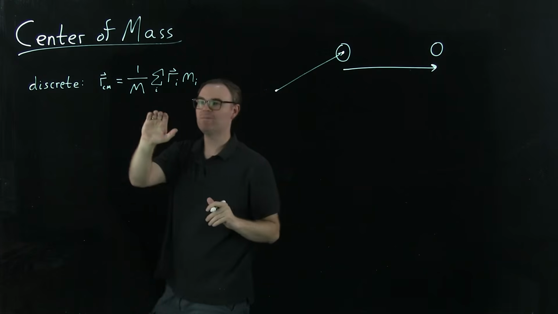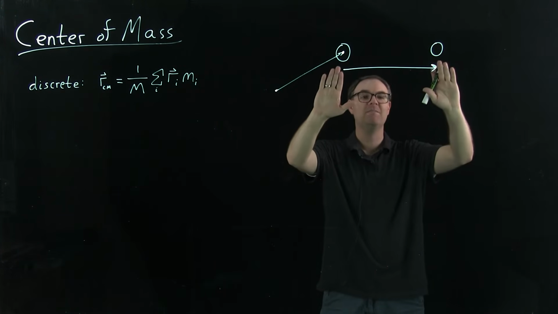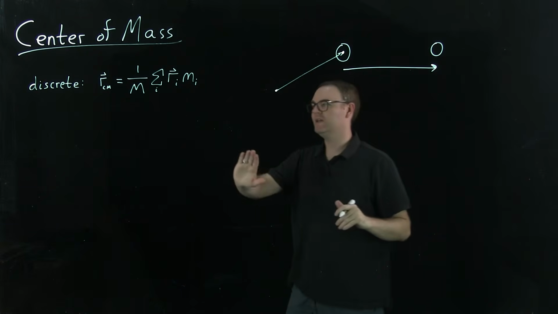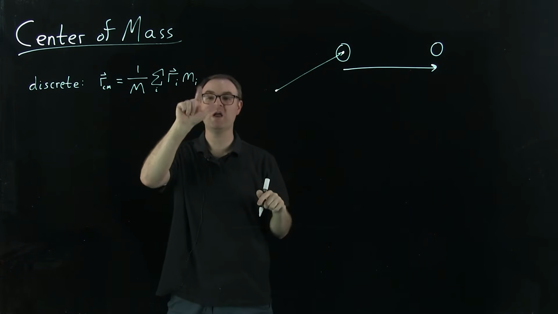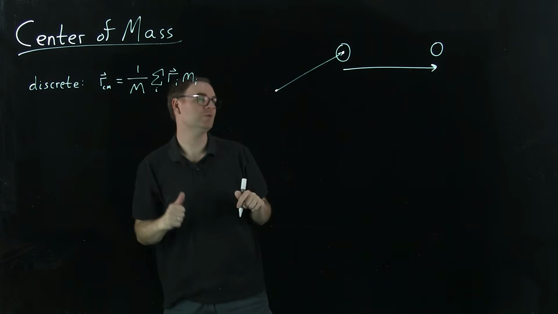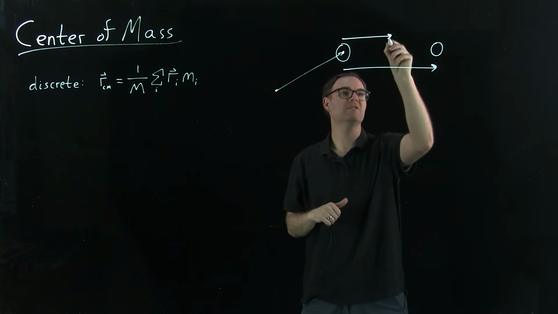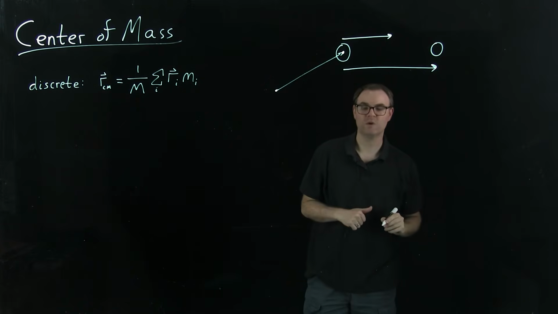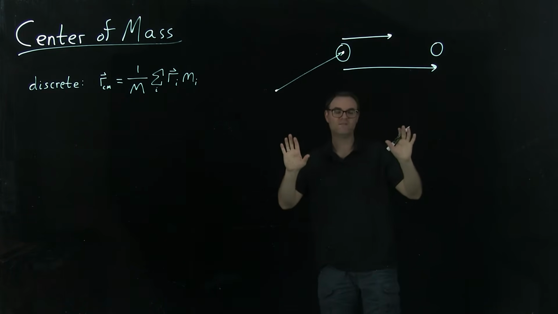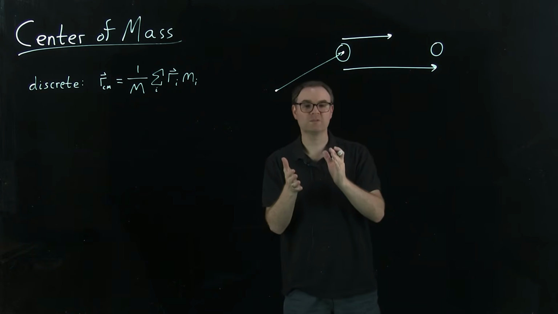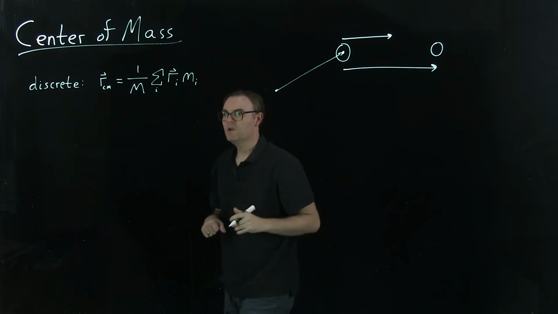And then I have to divide by the total mass. And if the two objects have the same mass, then what I'm going to do is take this position vector for the second object times 1 unit of mass, but divide by 2 units of mass, meaning that the position vector is going to be, for the center of mass, halfway in between, which should be relatively intuitive. If I have two objects, each of them having equal mass, then I'm going to expect that the center of mass is between those two objects.